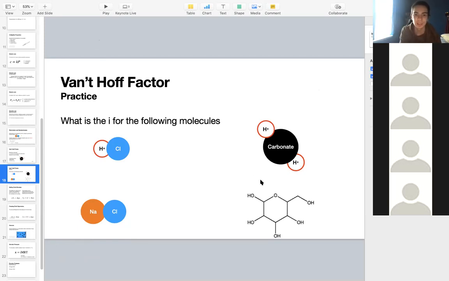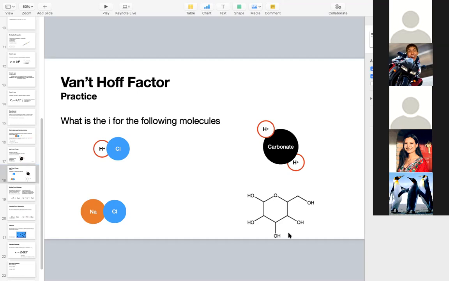And then lastly, we have glucose. Glucose doesn't dissolve into any ions. Pablo, what would our Van Hoff factor be for glucose? I'm going to say 6, but I don't know. Remember, glucose doesn't dissolve into ions.